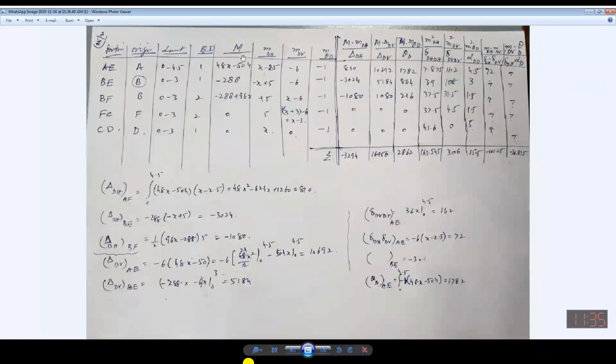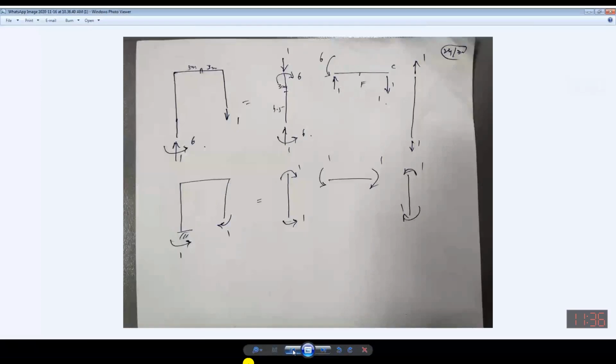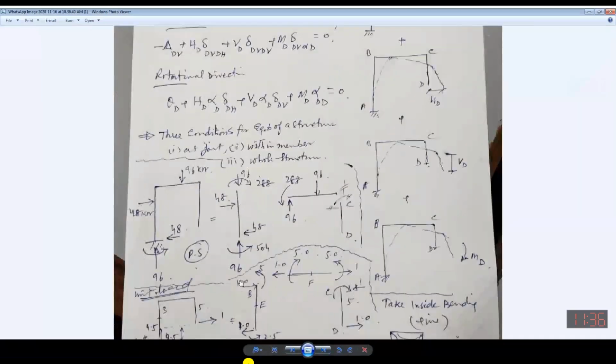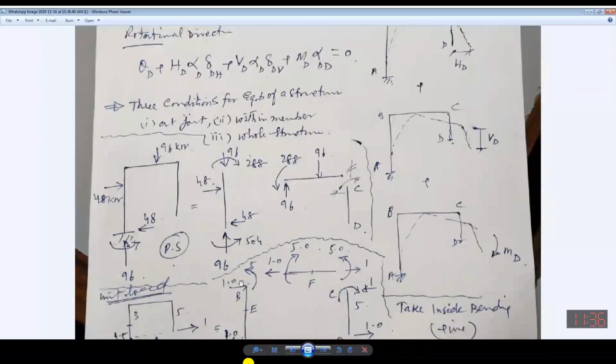What is the moment? You can see the solution, and you might not have drawn it, this one; you can see what the moment is for this one.